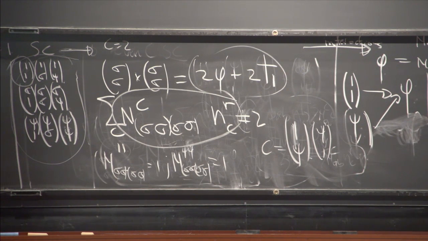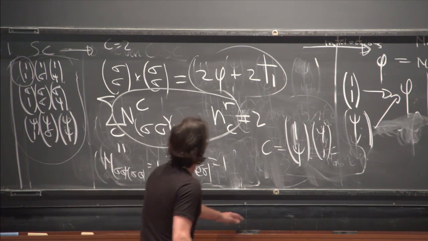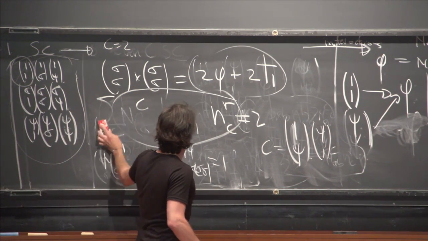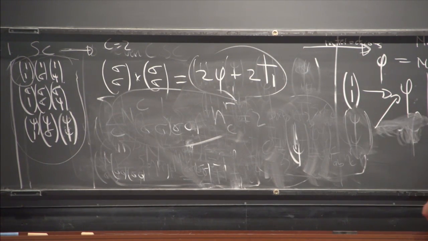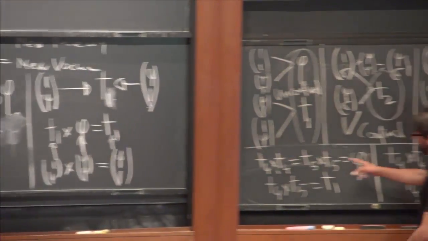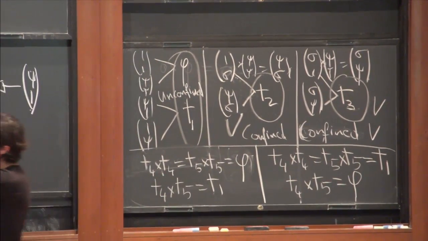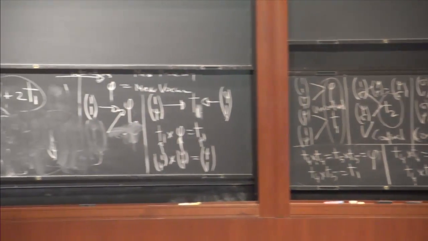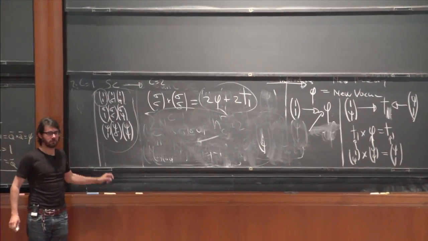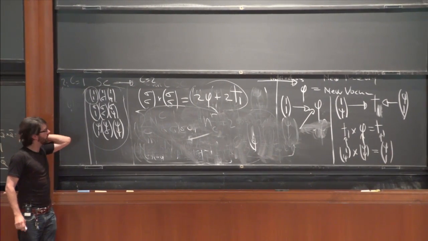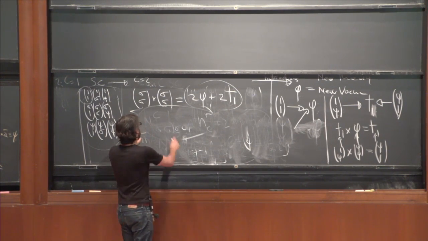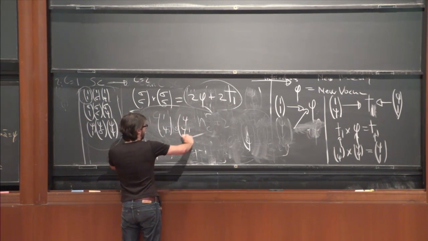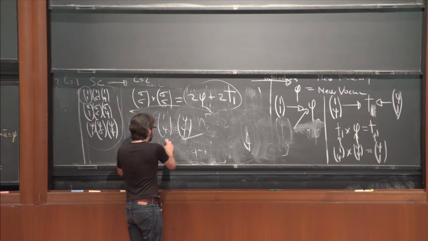Does that answer your question mathematically at least? So you notice here that I now have both fusion rules for the C equals even case. Yes, but 1 psi and psi 1 are both T1.